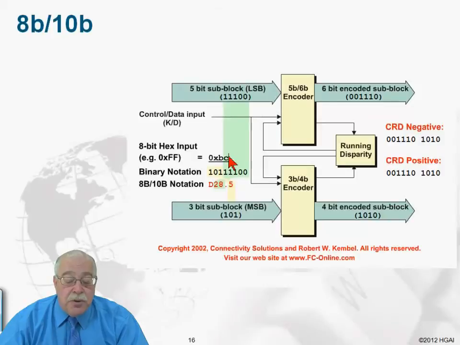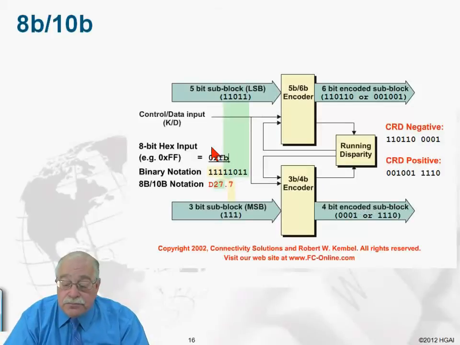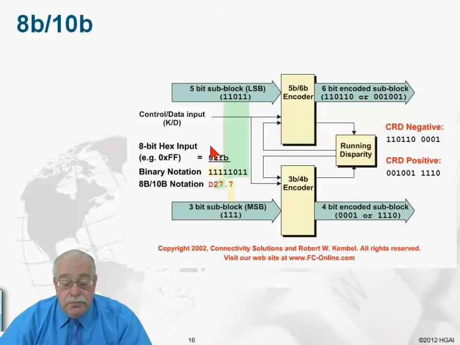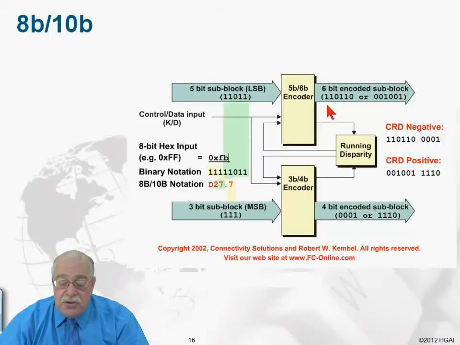Let's use a different example. All right, in this example, again, it's a D27.7. We take the lower 5 bits and we feed it into an encoder. And in this example, I'm either going to have a 110110 or I'm going to have a 001001.